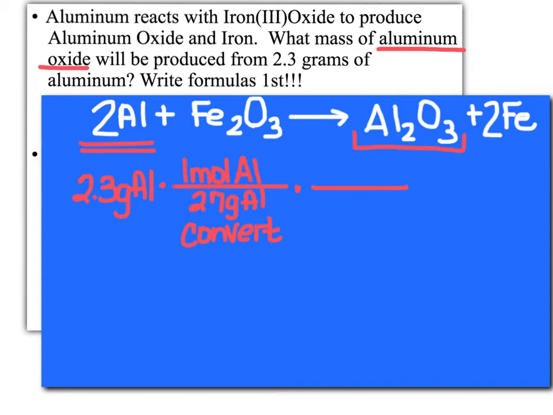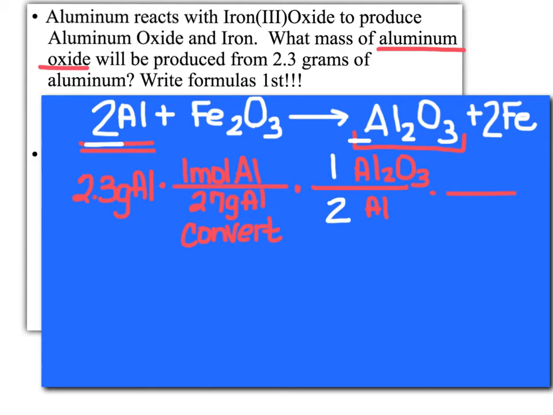Our second step is to look at the relationship between the thing we have, which is our aluminum, and the thing they're asking for, which is the aluminum oxide. So if we look at this, our relationship is for every 2 aluminums that go in, 1 aluminum oxide comes out. So 2 aluminums to 1 aluminum oxide.